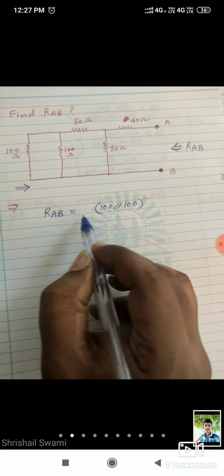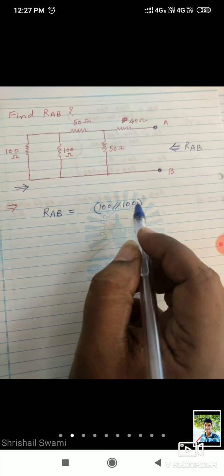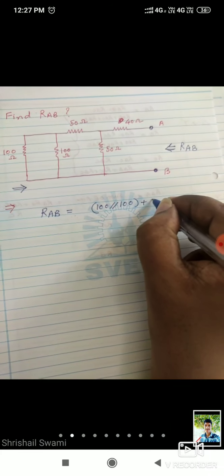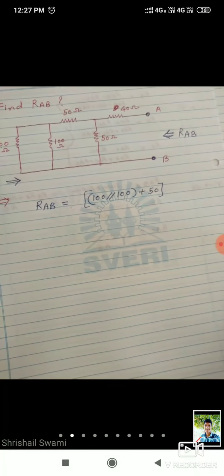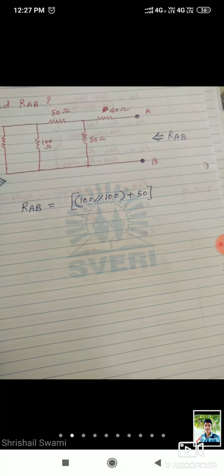Okay, that is required to add some brackets. So 100 is parallel with 100 ohm. Okay, that is in series with 50. So make another bracket, 100 parallel with 100, then plus 50.